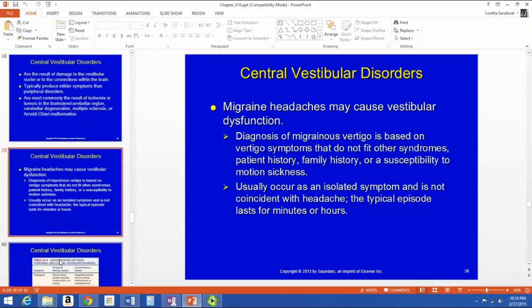Migraine headaches can cause vestibular dysfunction. And a lot of times it's a diagnosis of elimination, where it just doesn't fit other syndromes.